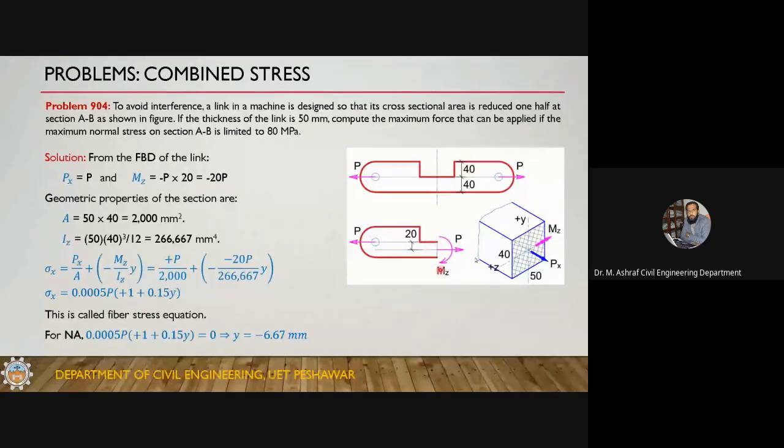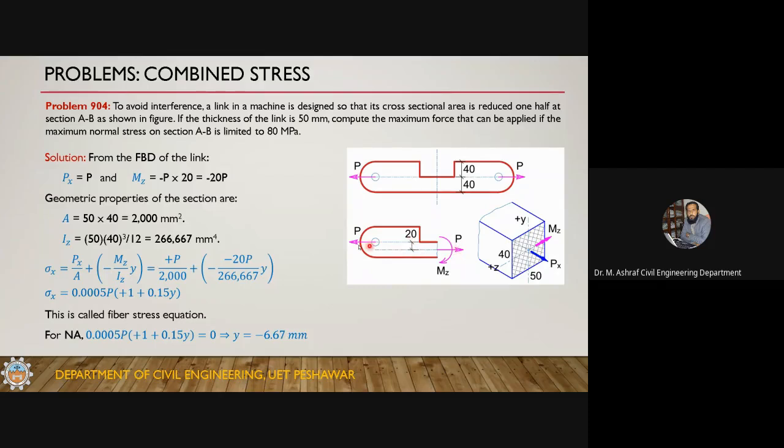This is also a rectangular section, so its centroid is here. If you balance it, this P force and this are equal and opposite forces. They are causing a counterclockwise moment, so there must be a clockwise moment applied at this location.